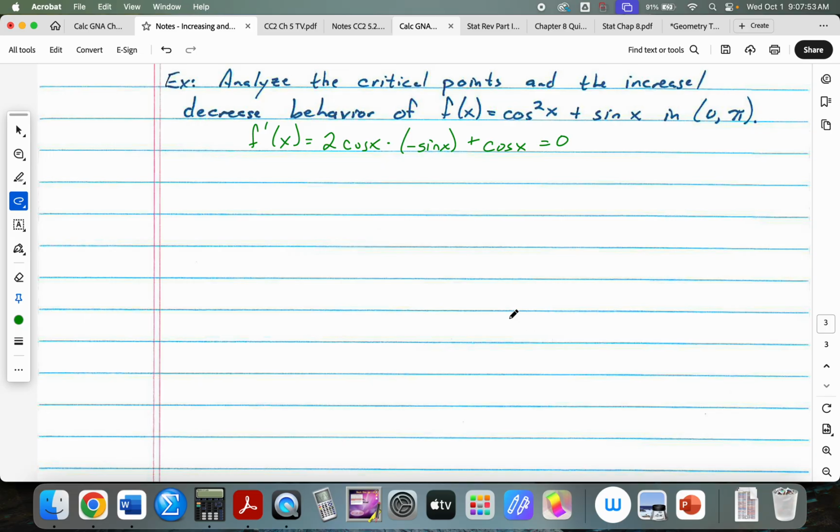To solve this, what we'll need to do is factor out a cosine. That would be cosine of x times negative 2 sine of x plus 1 is equal to 0. So either cosine of x is equal to 0 or negative 2 sine x plus 1 is equal to 0.